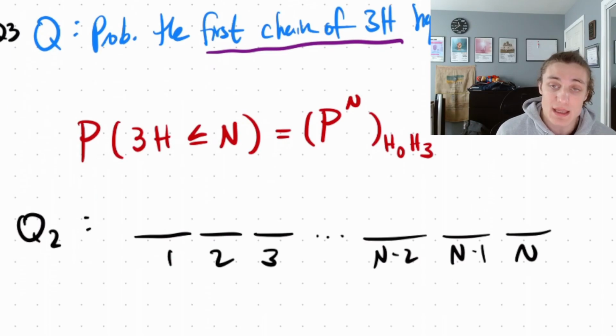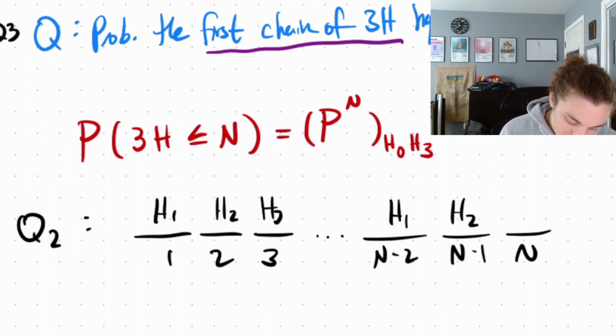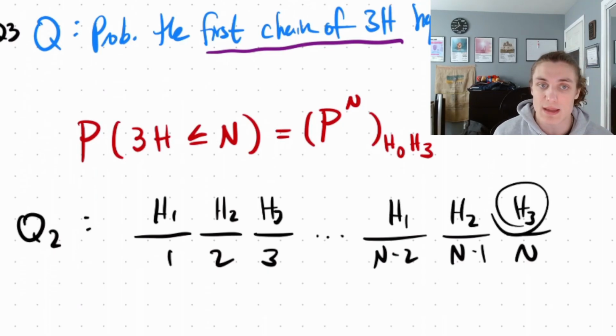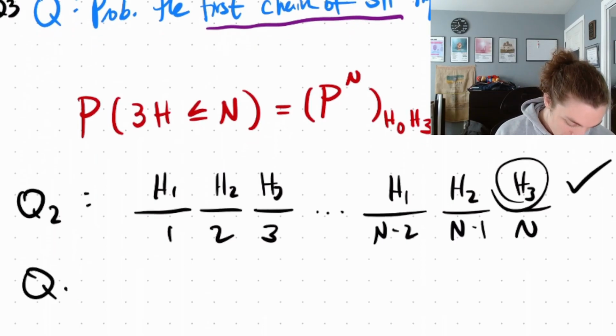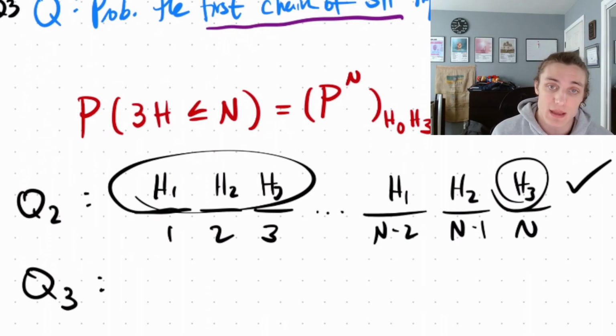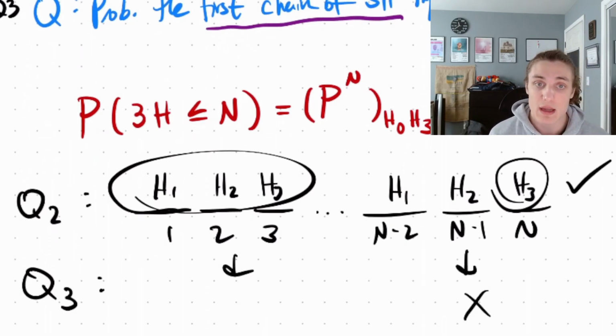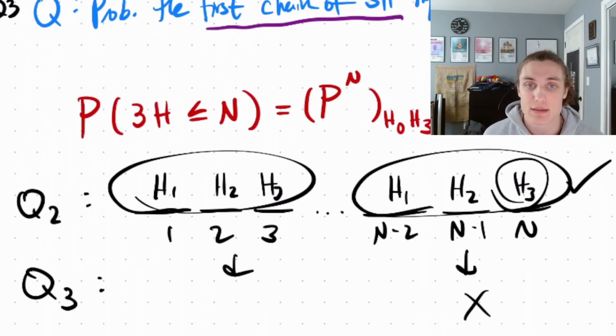Question 2 will hit even if we have H1, H2, H3, as long as this is H1, H2, or H3, so long as we end with H3, that probability statement is going to hit. We're good. But notice for question 3, it would not hit. We want to be devoid of these first 3, right? That would not hit for question 3. So this would not hit in question 3. Because we want the first chain of 3 heads to occur at the end.